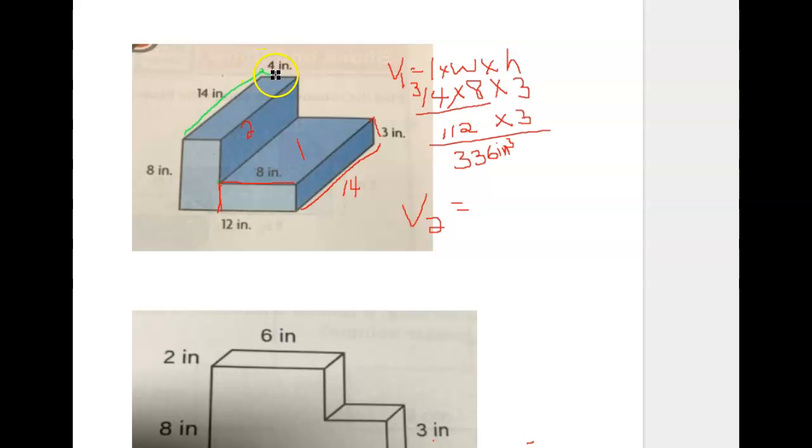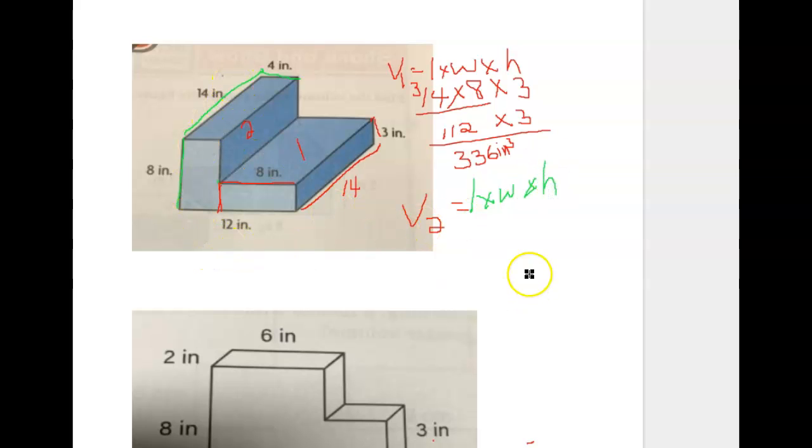Yes, it's here, 4. Do you have the height? Yes. From this part to this part. Are we going to take that from that part to that part? Yes. Okay, because we're referring to the whole of this box.